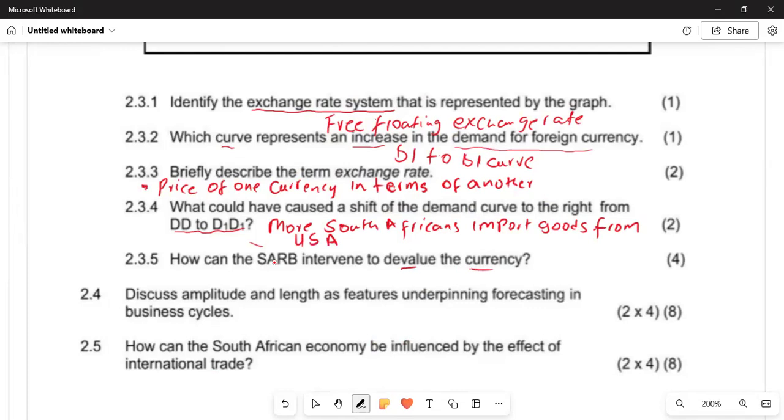Direct intervention, because they are going to buy foreign currency. That is the buying of foreign currency.